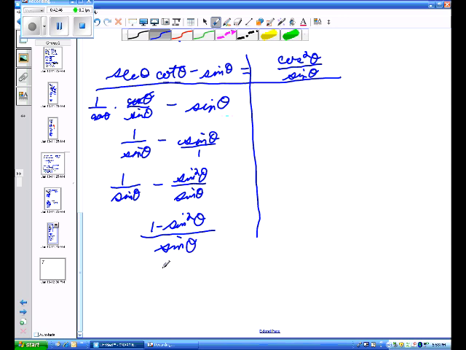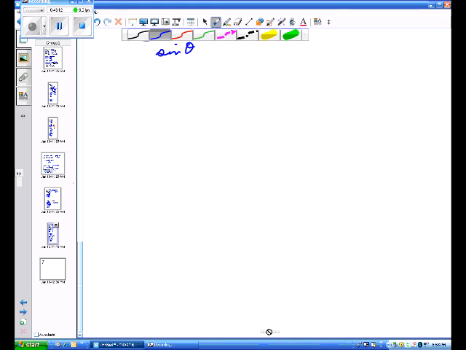And 1 minus sine squared theta is cosine squared theta. That's using that Pythagorean identity that sine squared plus cosine squared is 1. So 1 minus sine squared is cosine squared. And so we verified that for this identity right up here, it's going to be true for all values of theta. Okay, we have one last one.